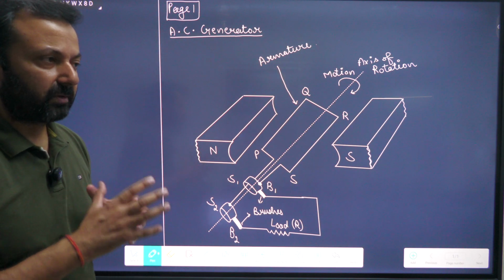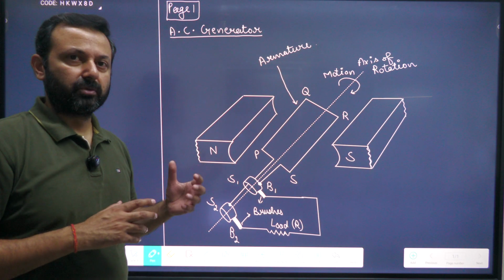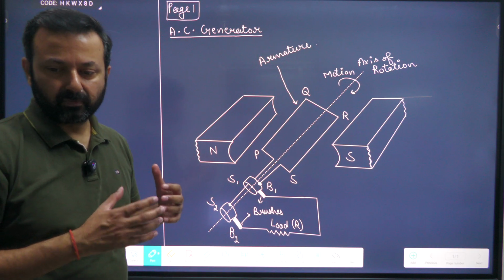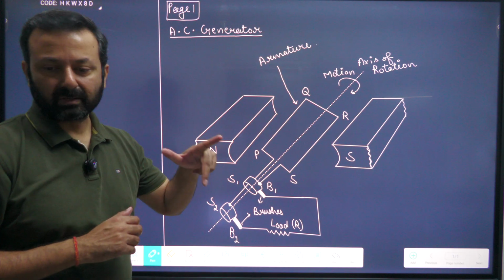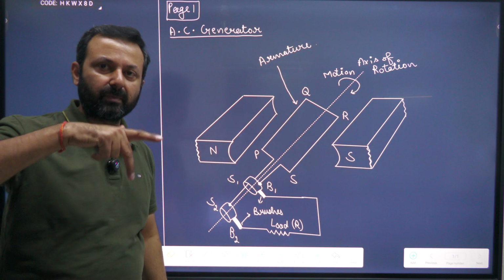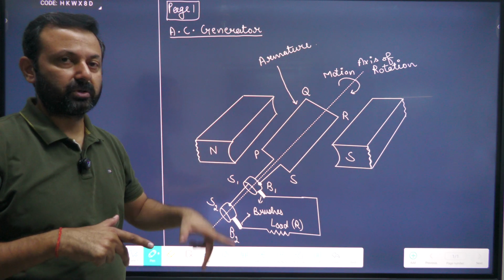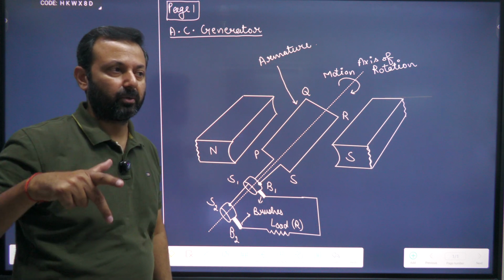Whenever we provide force and wish to obtain electric current from it, the left hand rule is not used. We use Fleming's right hand rule.